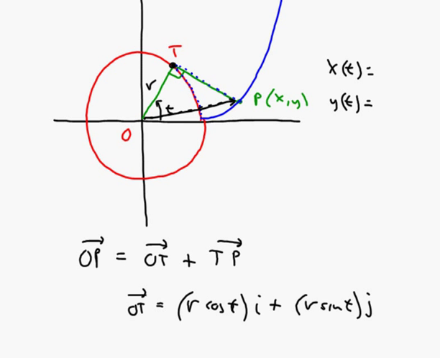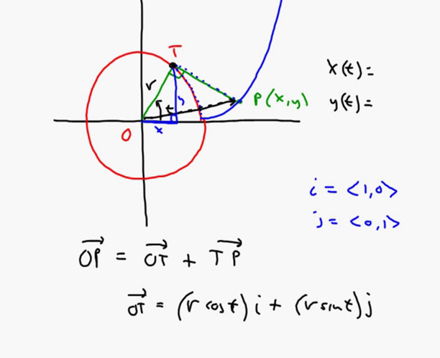Now, why is that? If for some reason you're doubting and you're not quite remembering why, just drop a perpendicular from there, and then you need to ask yourself about the two components. Here's your x component, here's your y component of this vector. Or you could think of the x component as moving in the i direction, where i is this vector, and y is moving in the j direction, where j is this vector.